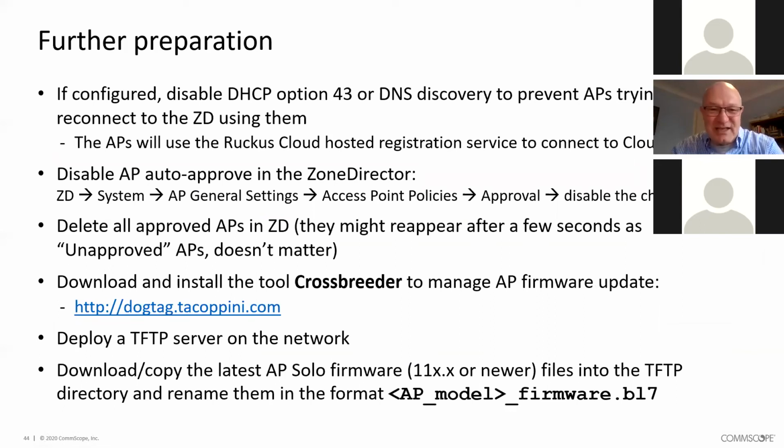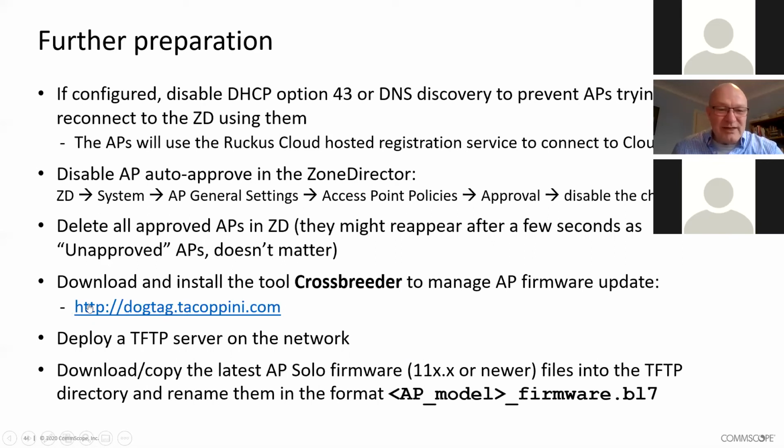So we need to disable those things and also disable AP auto approve on the ZoneDirector. We don't want the APs to reboot and then reconnect to the ZoneDirector straight away. So we then need to delete all the access points from the ZoneDirector that you want to move. We delete them so that they may appear again, but they will appear as unapproved.